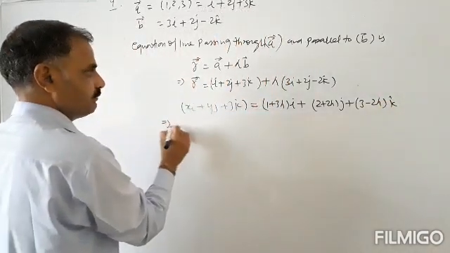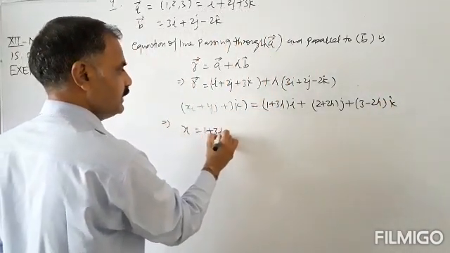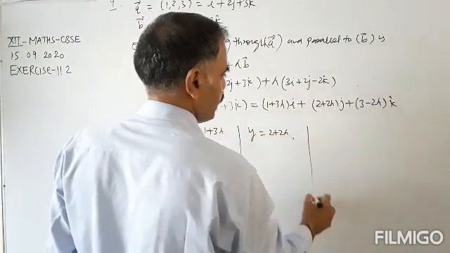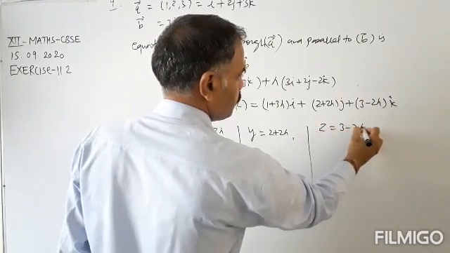After comparing, x equals 1 plus 3 lambda, y equals 2 plus 2 lambda, and z equals 3 minus 2 lambda.